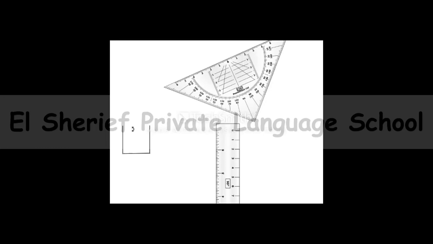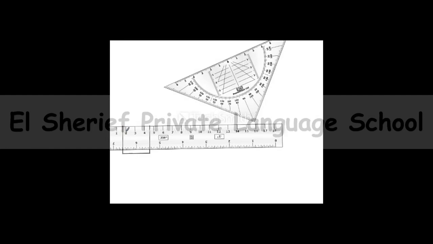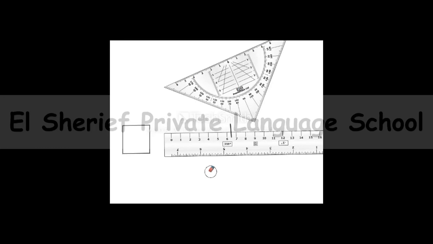Now you have 3 sides for your square, but we have to draw a closed figure. So we have to draw the fourth side length. So we join these two sides.